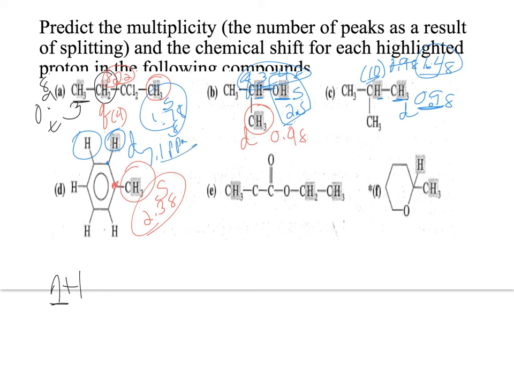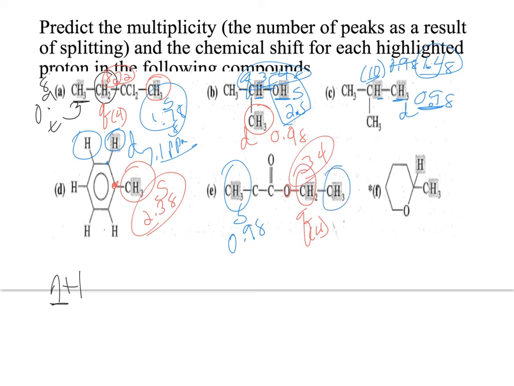Okay, going to this one. This one would be a singlet, and it would be about 0.9 chemical shift. This has a neighbor of 3, so that's a quartet, 4, and that's bonded to an oxygen, so I'm going to go with 3 to 4 chemical shift.